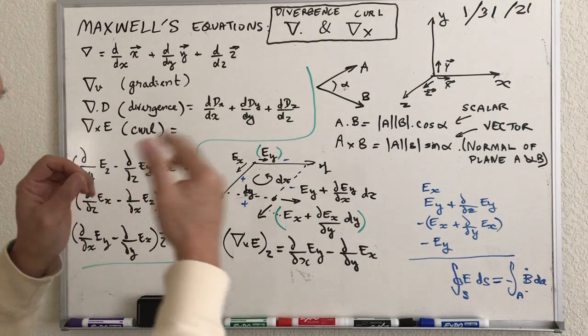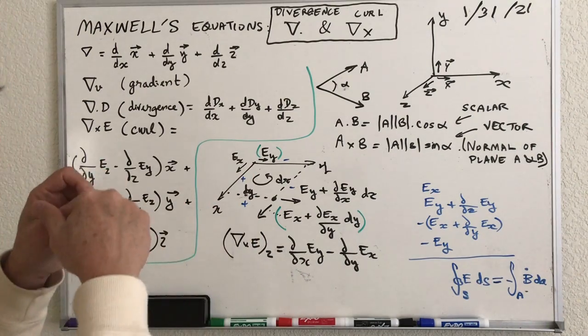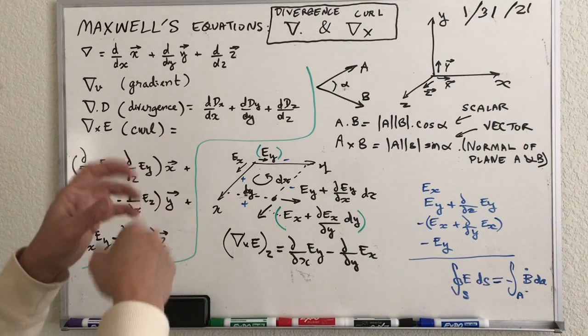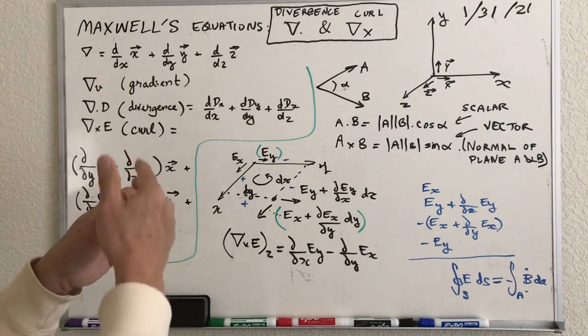So if in the x direction it changes by so much per unit length, you add that to the change in the y direction, and then so on for the z-axis.